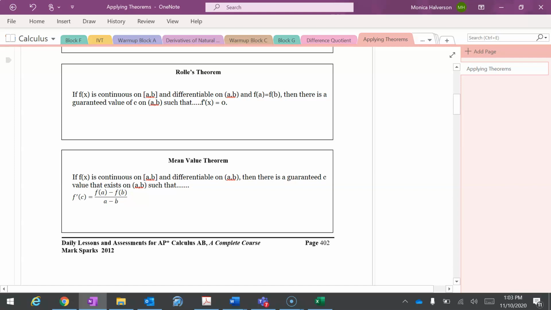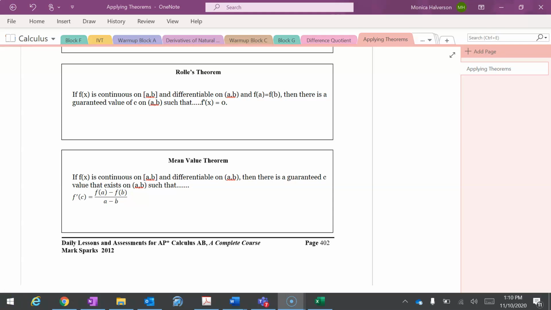The mean value theorem states that if f of x is continuous on the closed interval a, b, and differentiable on a, b, then there's a guaranteed c value such that the first derivative, which is the instantaneous rate of change, equals the average rate of change. So what we're going to focus on is really identifying the trigger words in word problems that symbolize what theorem we're going to use to solve.